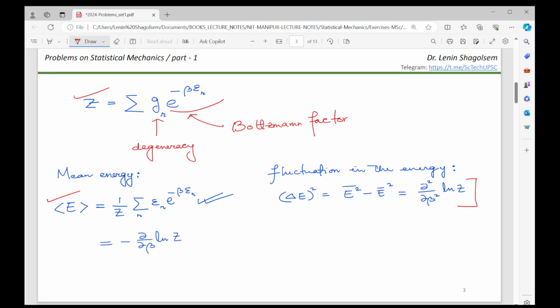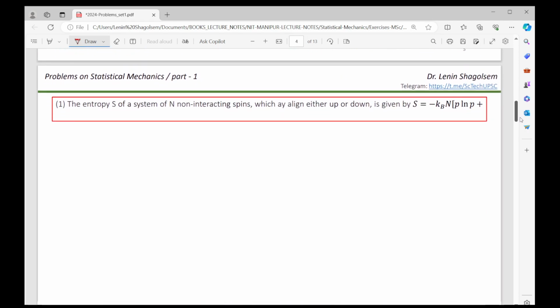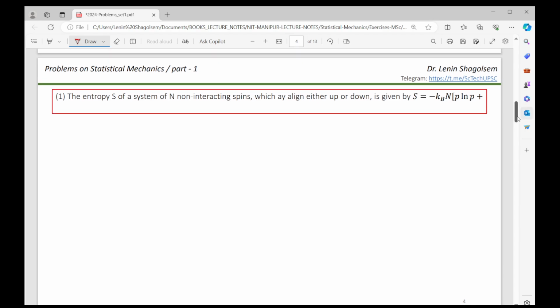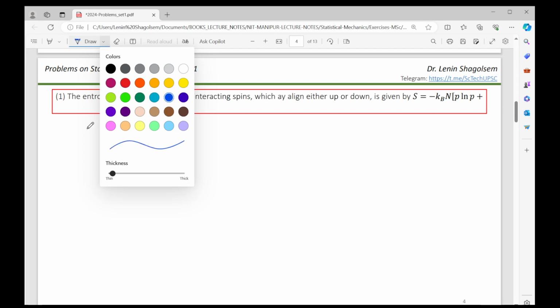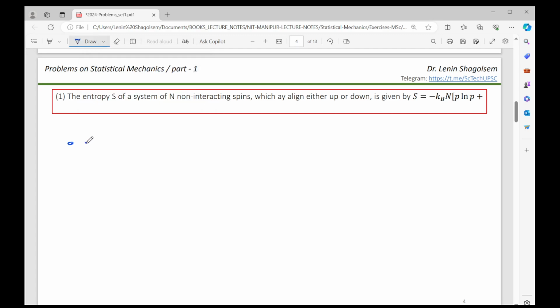Now let us move on to the problem. The first problem is related to what we discussed in the last lecture regarding the n non-interacting spin systems which can align upward or downward. So let's take these spins, points representing spins.